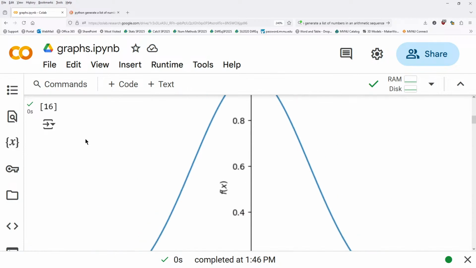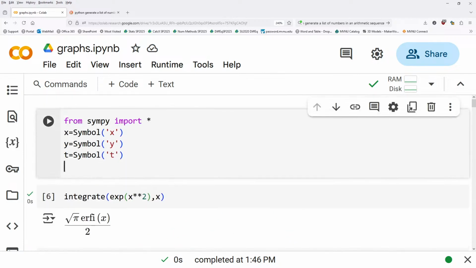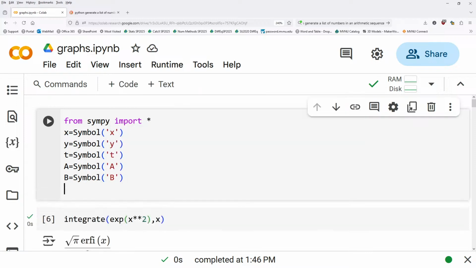Sorry, up here. Ignore all this. This is from earlier. I just need to define a as a symbol. So a is a symbol, and b is a symbol. And then we'll be good.